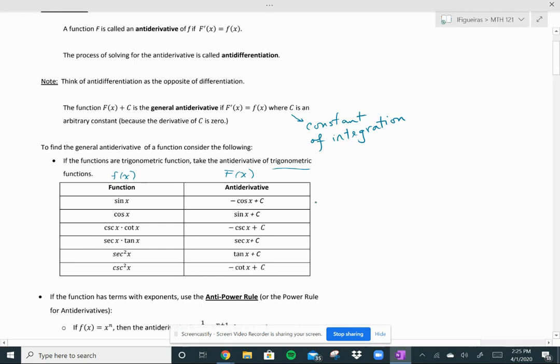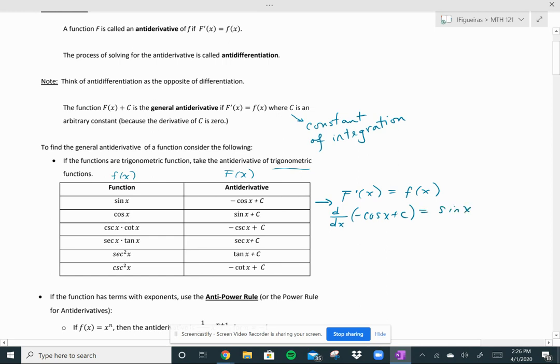So let's look at this more carefully. If this is true, then capital F prime of x must equal f of x, which is actually true. If you take the derivative of negative cosine of x plus c, that should equal the original function sine.